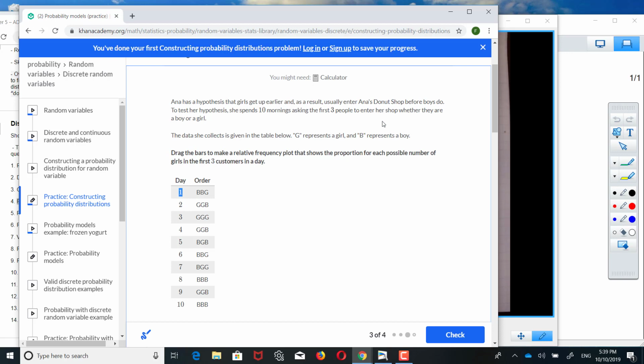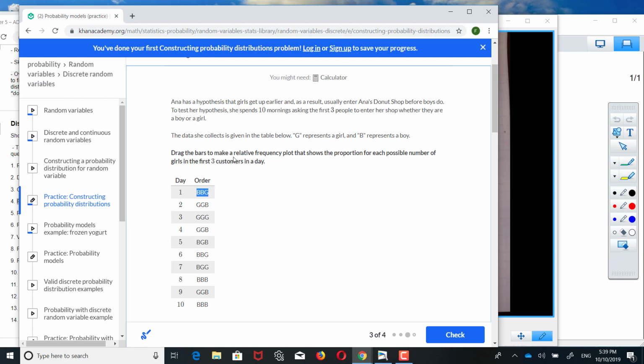So G means girl, B means boy. BBG means boy, boy, and girl.